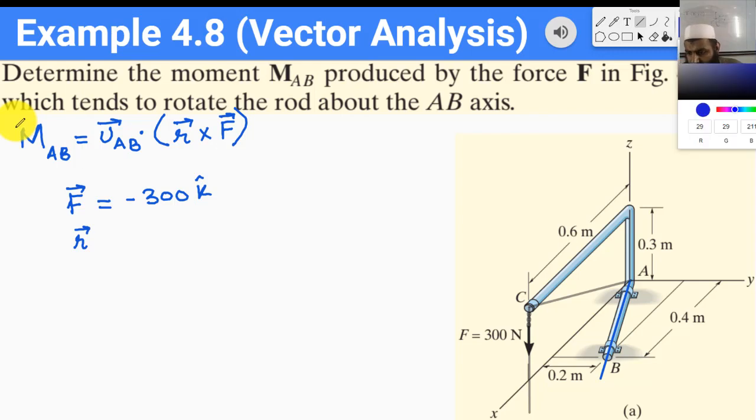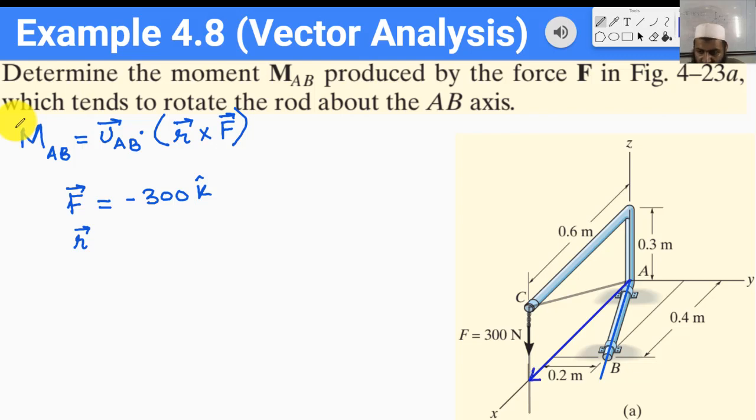Because to find the moment I can use any position vector along the line of action of that force, and this vector is much easier to write down.